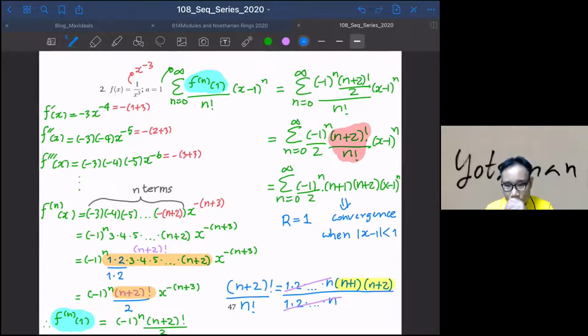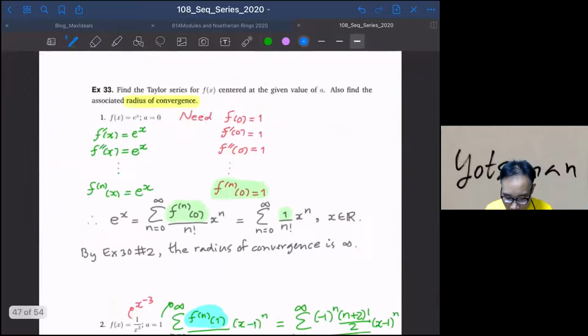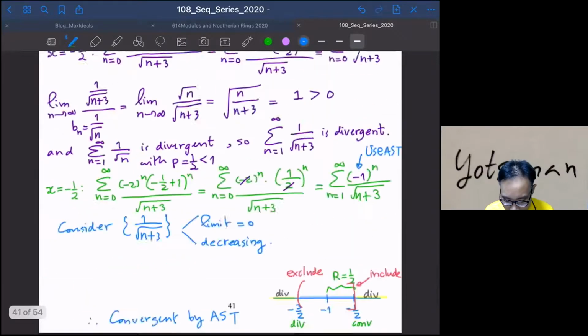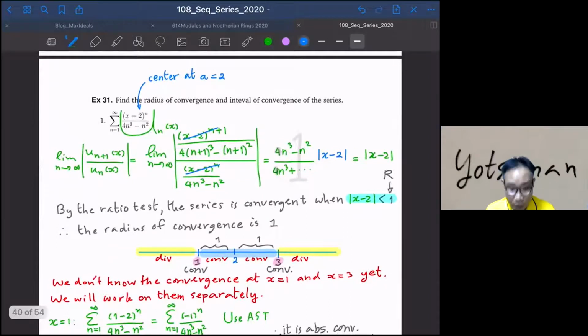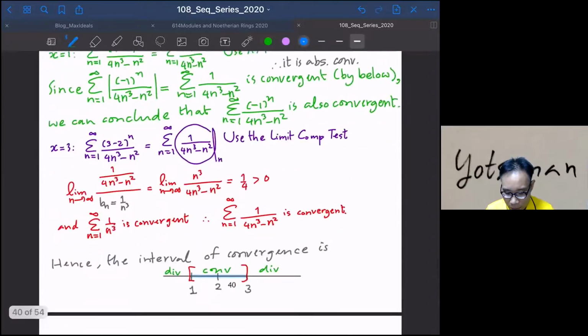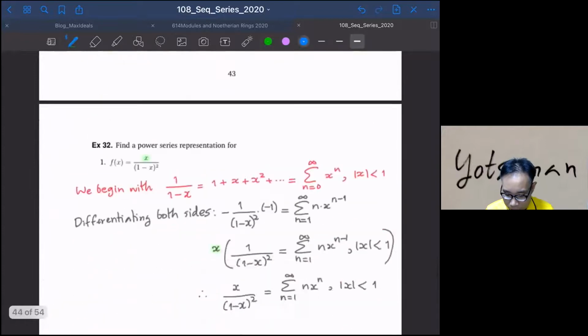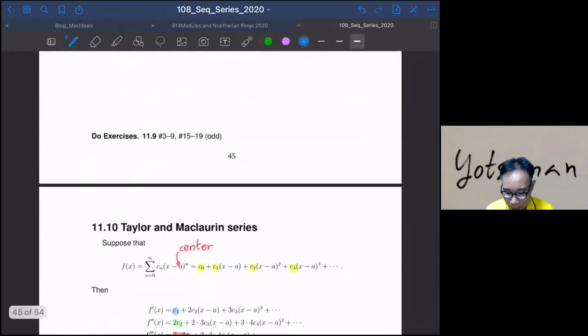Use the ratio test like we did earlier in this clip, like in example 31.